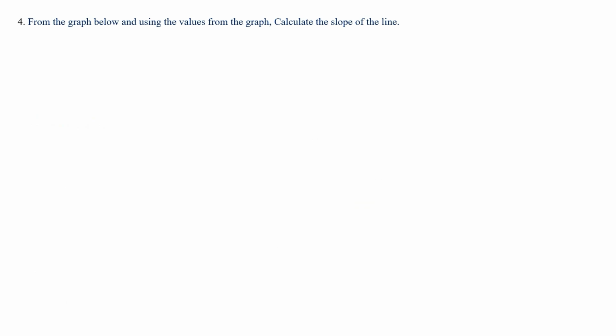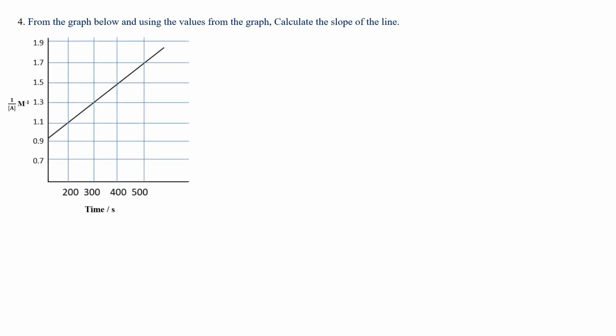Question number 4. From the graph below, using the values from the graph, calculate the slope of the line. How can we calculate the slope of this line? You can see the y-axis is 1 over concentration and the x-axis is time in seconds. This line has a positive gradient, positive slope. Let's calculate the slope. Slope is delta y divided by delta x.